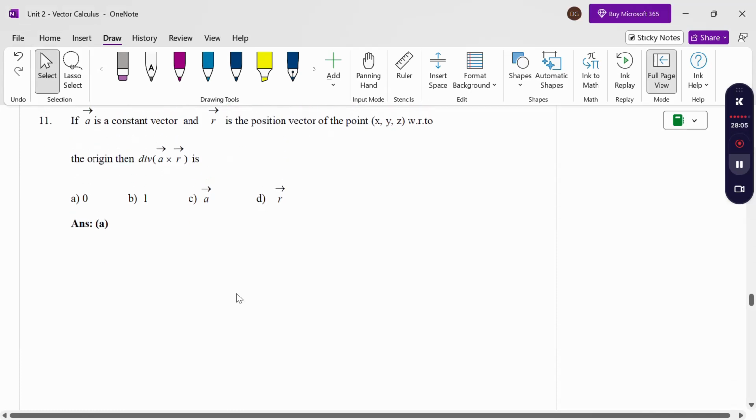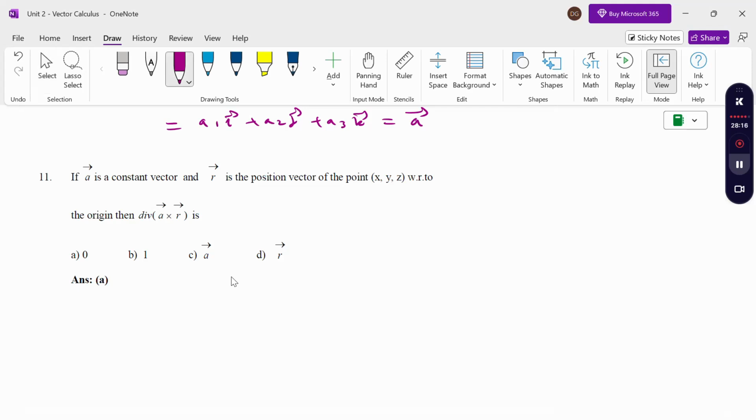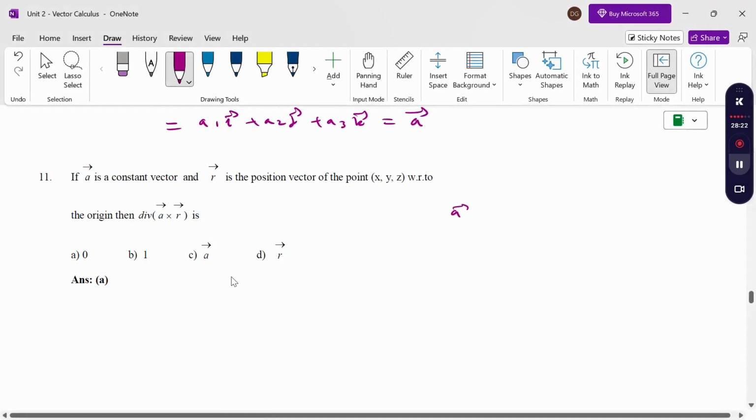Now divergence of, if a vector is a constant vector, r is the position vector and the point origin, divergence of a vector cross r vector. So first, a vector is nothing but a1 i vector, a2 j vector, a3 k vector, r vector is x i vector, y j vector, z k vector.